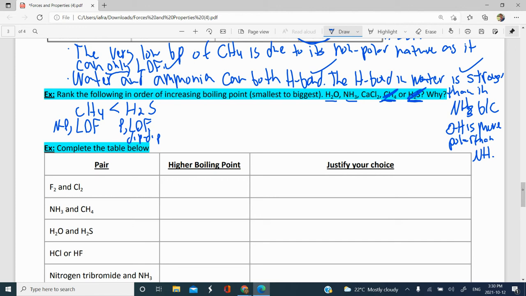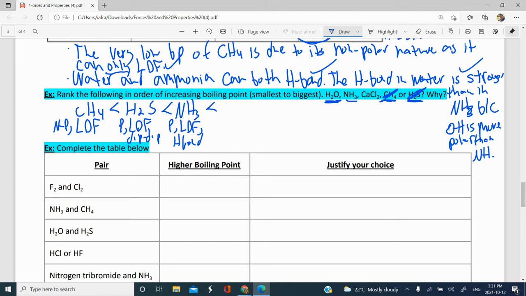Next, I would say is NH3. And we know that because it can hydrogen bond, so it has a higher boiling point than H2S, but it's not quite as good as H2O because the NH is not as polar as the OH is. So polar, LDF, plus hydrogen bonding.